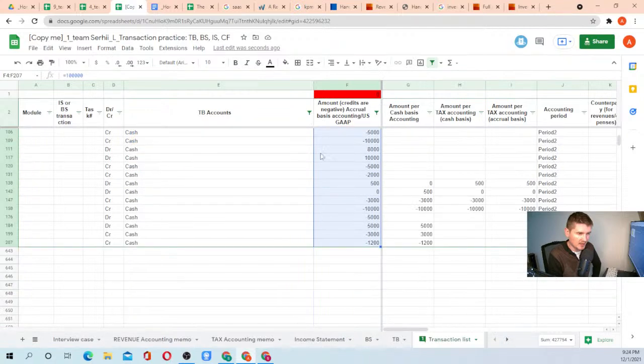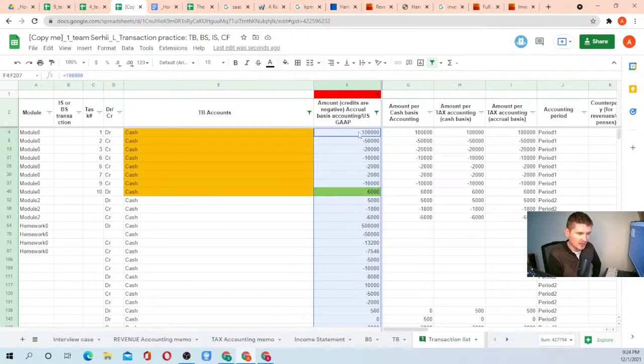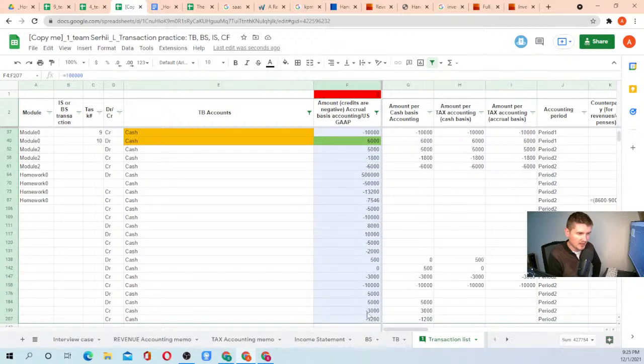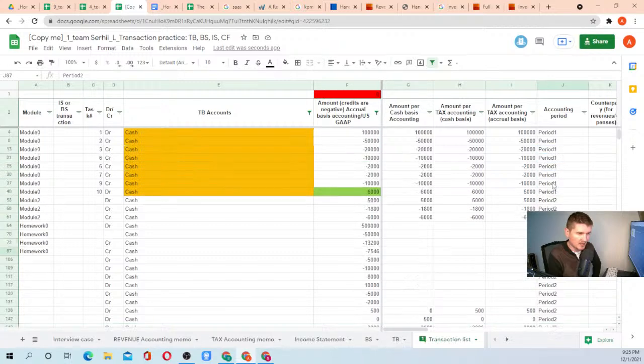We actually do not have a cash transaction in the third period, but our cash balance as of the end of period 2 will be the sum of period 1 transactions and period 2 transactions. But because the SUMIFS function sums only period 2, we also need to add the period 1 balance there. So this is 12,000.